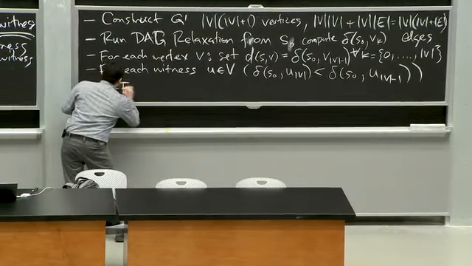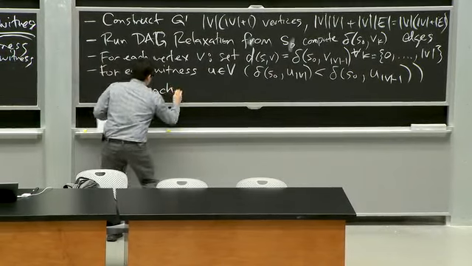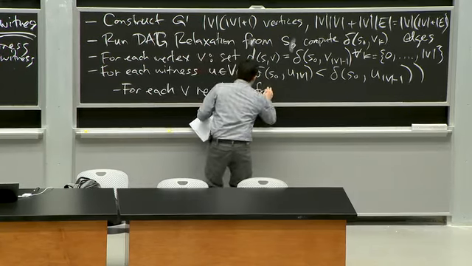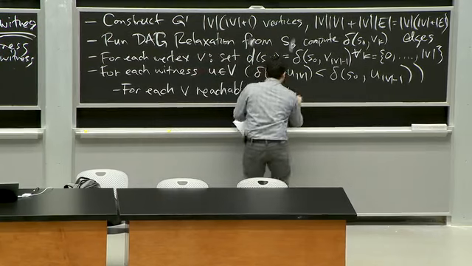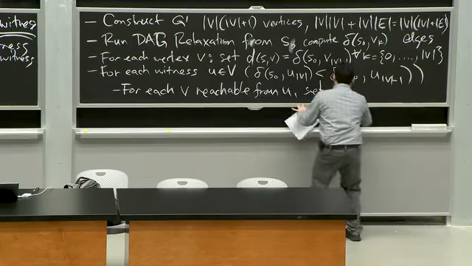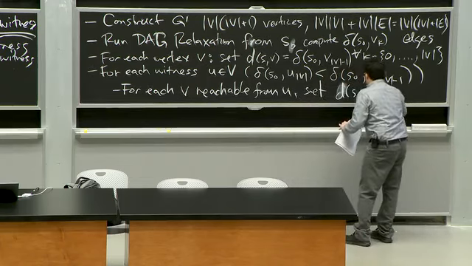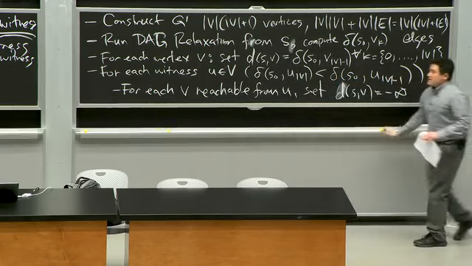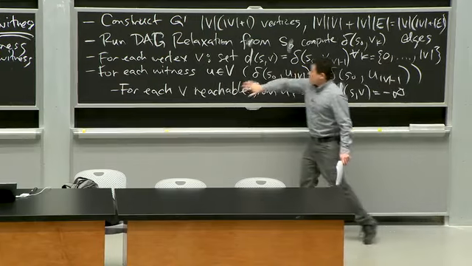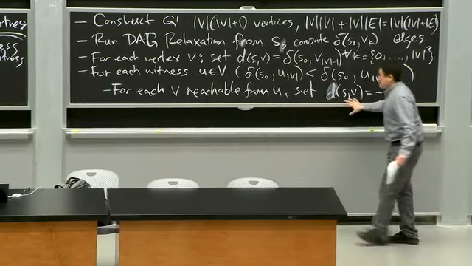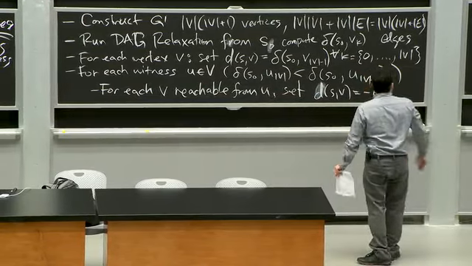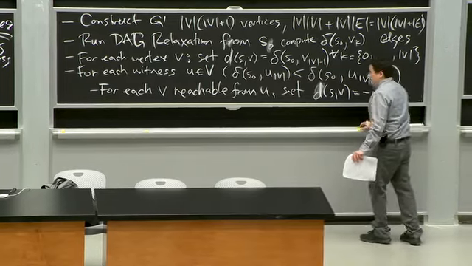Then for each vertex v reachable from u, set d, what we're returning, d of s v equal to minus infinity. So that's the end of the algorithm. Basically, I'm looking for all the witnesses. For each witness, I find all of the vertices reachable from it and set them to minus infinity, just as we argued before. Okay, so it remains to prove this claim.